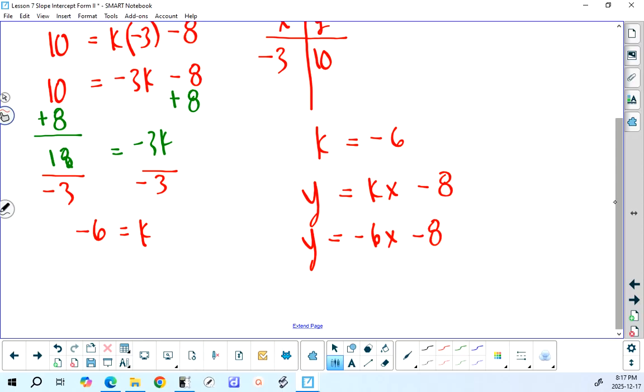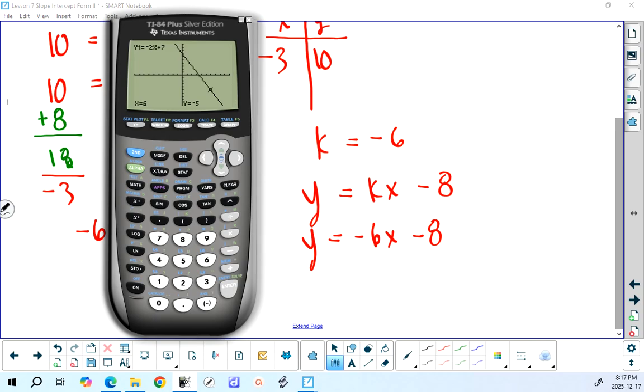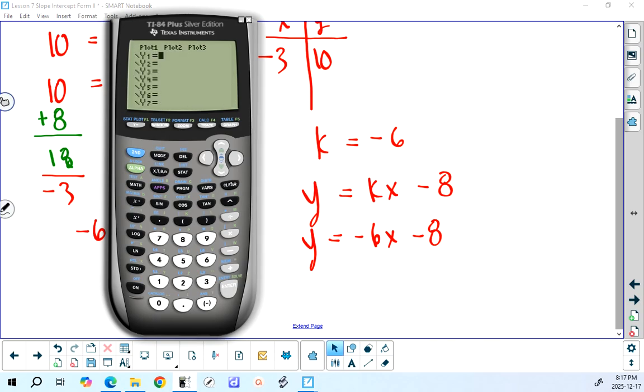And again, we can verify that this works. I'm going to graph negative 6x minus 8. If I trace negative 3, it fits.